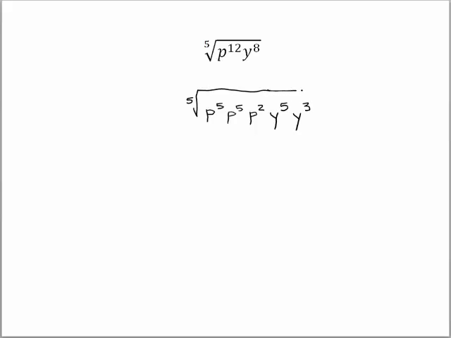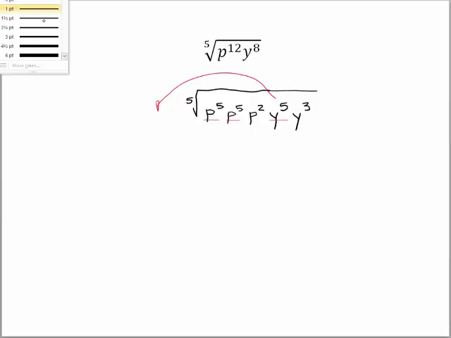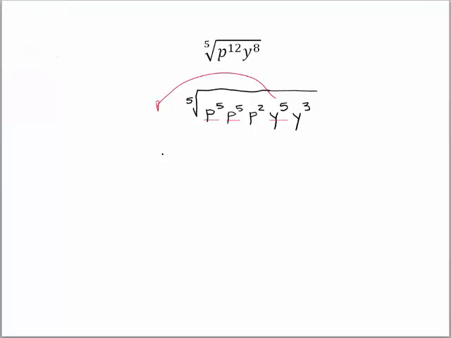Let's extend that a little bit. Now we decide what we can take out. We can take this p to the 5 and this p to the 5 and this y to the 5 to the outside. All right, let's try and do that. So we have 2 p to the 5's. Remember, each p to the 5 comes out as 1. But in this case, we have 2 of them.